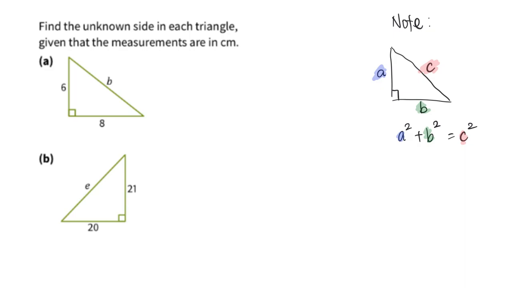So moving on to part A, then I can easily identify my variable A, B, and C using Pythagoras theorem.